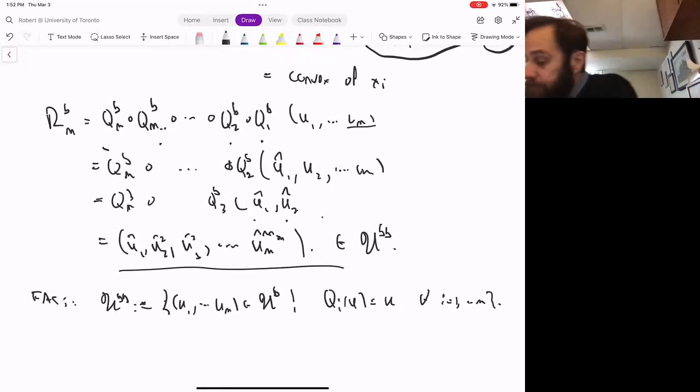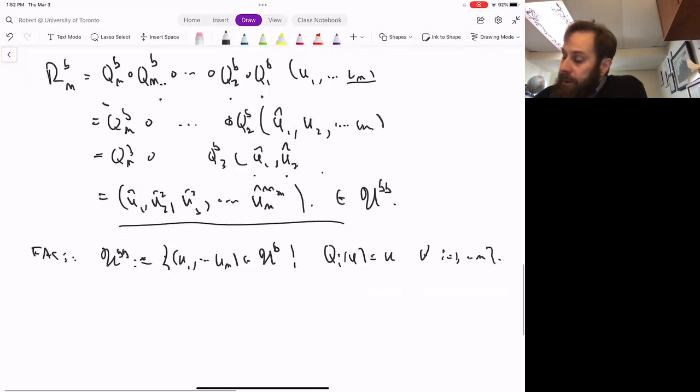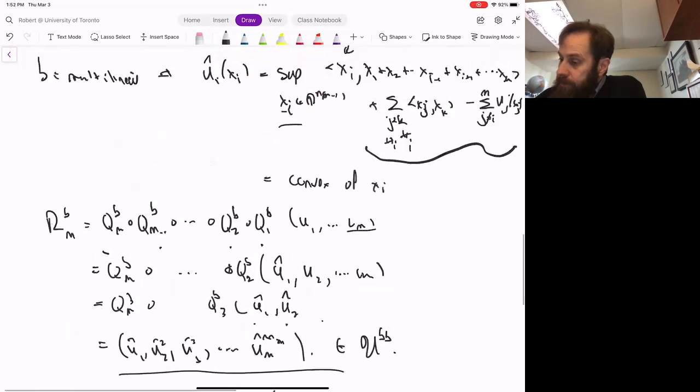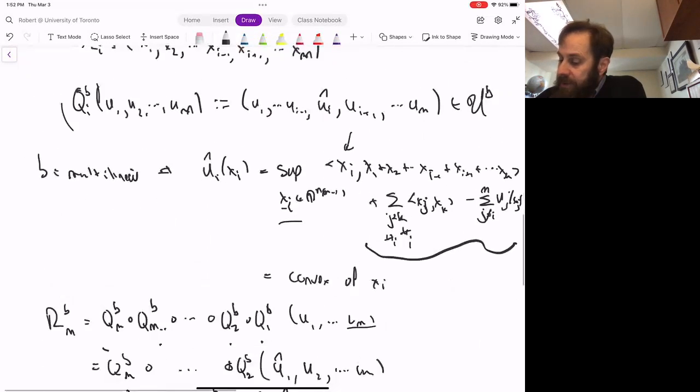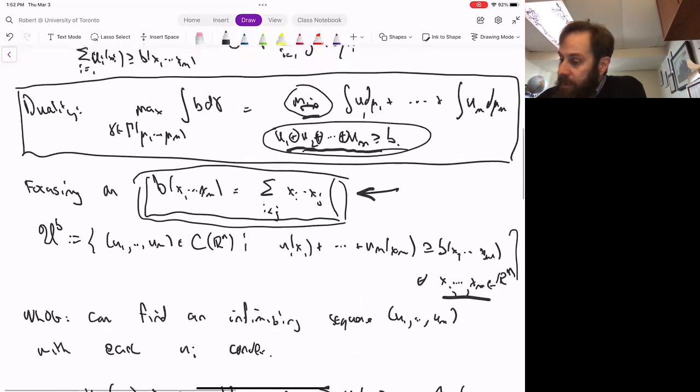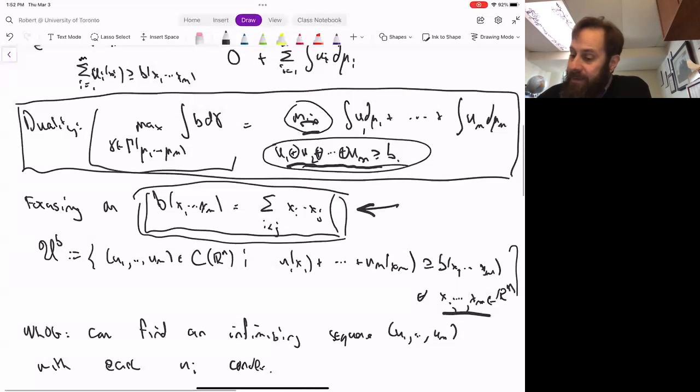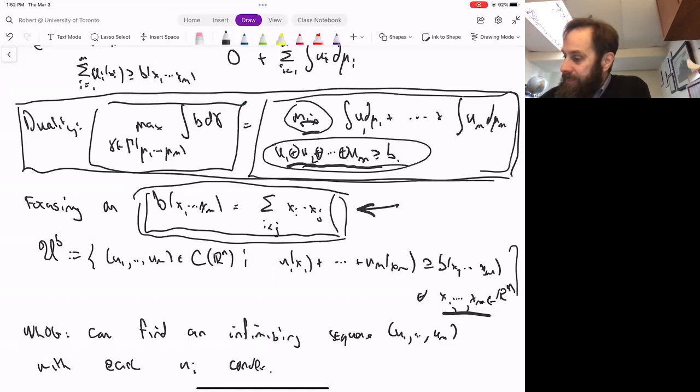That's true. All right. So I want to analyze for the multilinear benefit function what the maximizers look like in this problem, or equivalently what the minimizers look like in that problem.